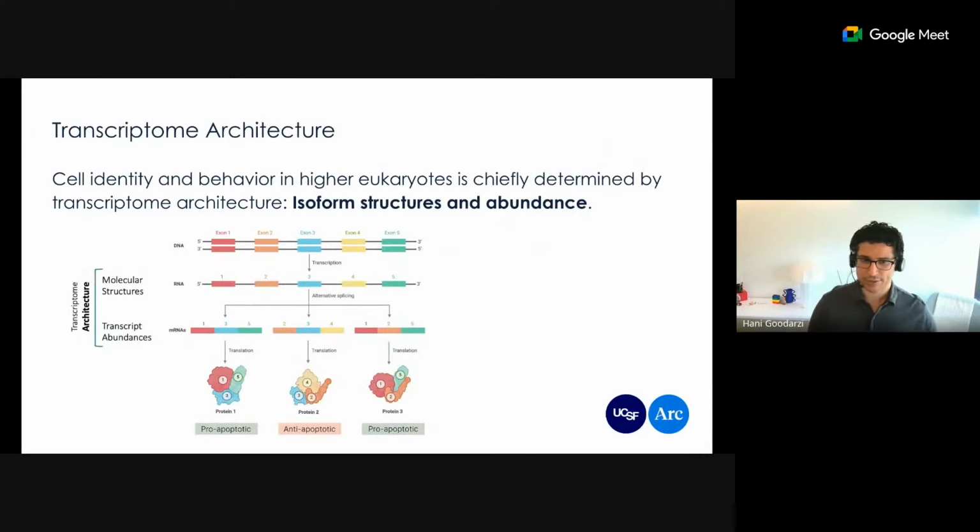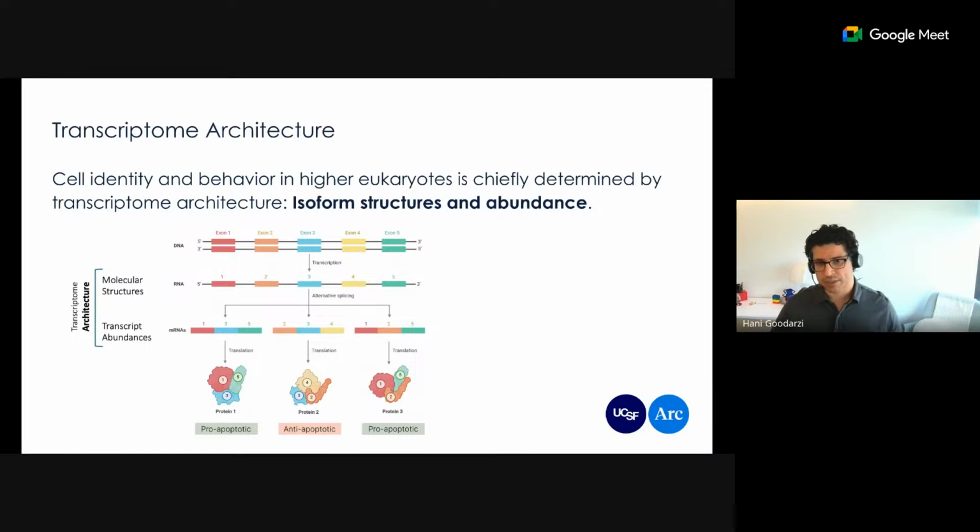What is transcriptome architecture? Every cell in our body has the same 20,000 or so genes. But the genes are not a clear end-to-end: this is the beginning, this is the end of what they code. In reality, they're partitioned into what we call exons, and what goes in the middle is introns.